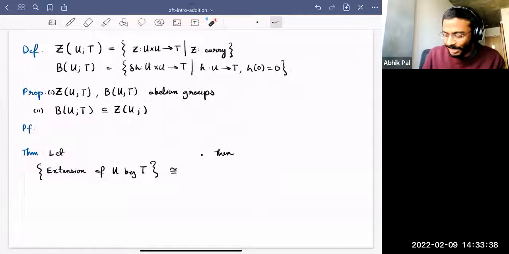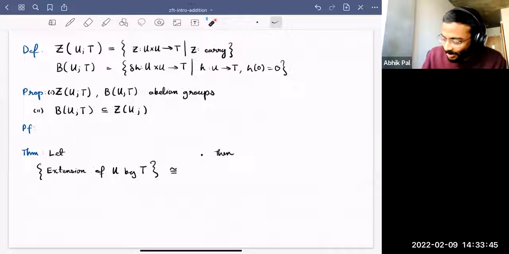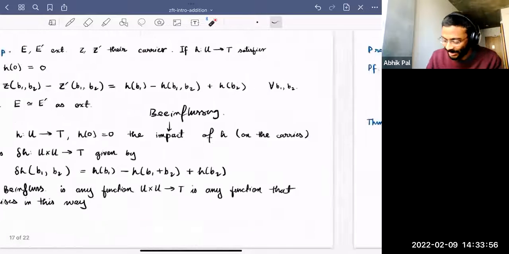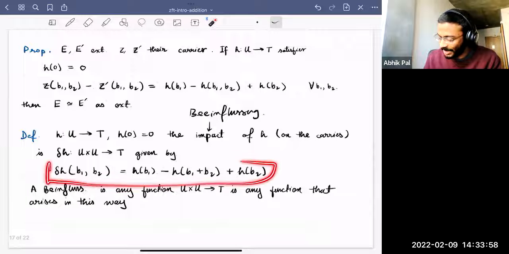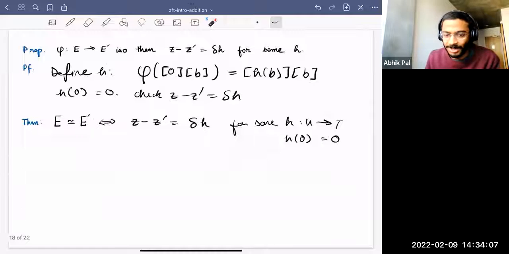Let Z of U comma T be the set, a priori just the set, of all carries, and let B be the set of all these Beeinflussungen, which are just functions that arise by taking delta of them. And again, delta is this operation that I defined. It takes the first one, subtracts from that the sum of the two things, and then adds b2 as the value there.